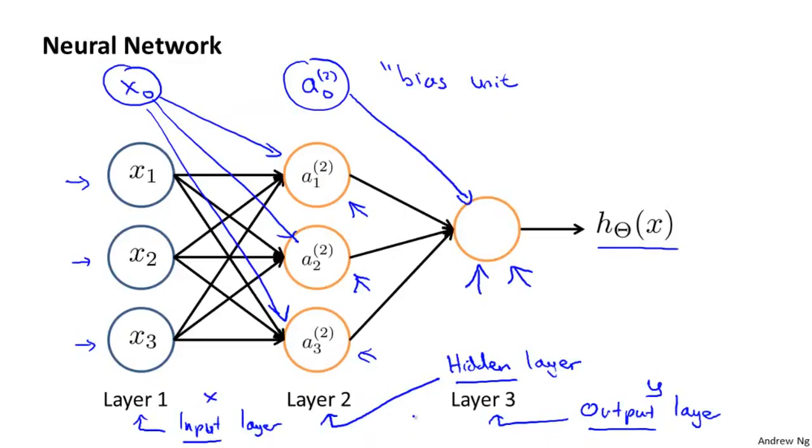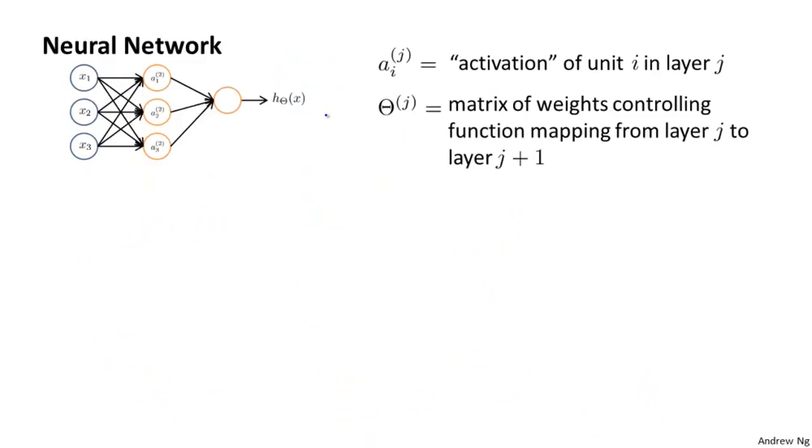So I want to be really clear about what this neural network is doing. Let's step through the computational steps that are represented by this diagram. To explain the specific computations represented by a neural network, here's a little bit more notation. I'm going to use a superscript j subscript i to denote the activation of neuron i, or of unit i, in layer j.